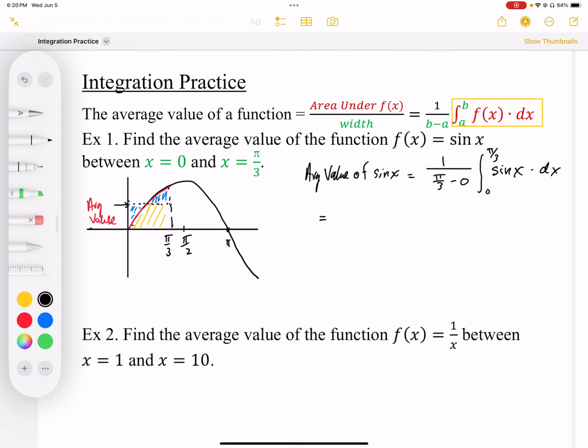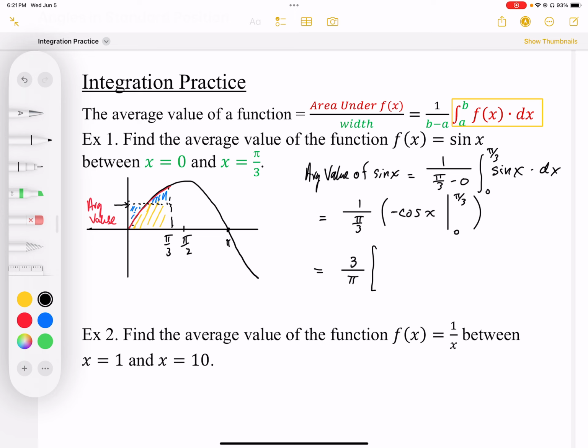So integrating sine x, first of all, I'm going to do this part. It's going to be pi over 3. The integral of sine x is going to be negative cosine x. And I'm going to find the area between 0 and pi over 3. Just rearranging that fraction, dividing by pi over 3, I'm going to multiply by the reciprocal.